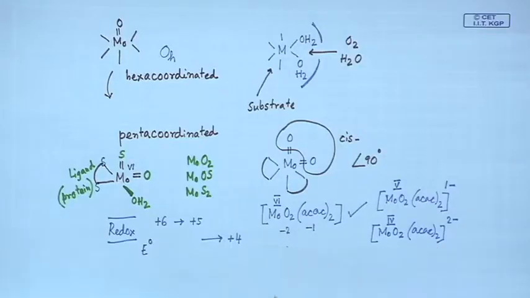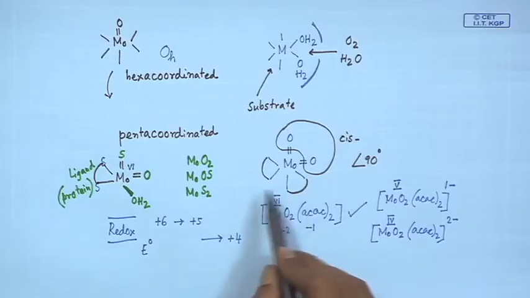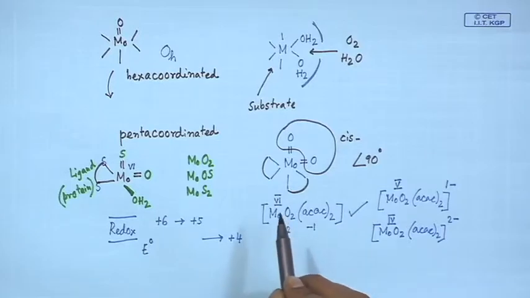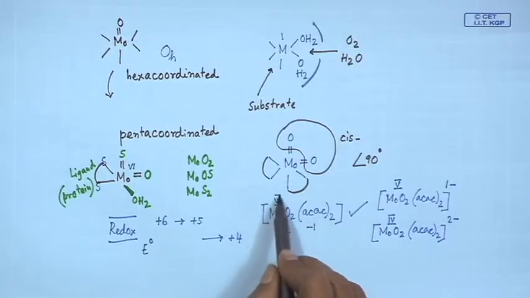chromium or tungsten, we will find that this particular center is stabilized mostly in the highest possible oxidation state when we have this dioxo form. So, this +6 oxidation state will be stabilized by this group of ligands as well as this dioxo function in the +6.